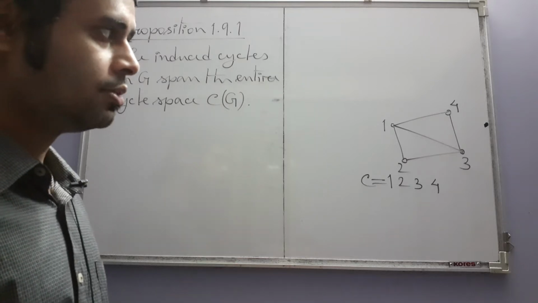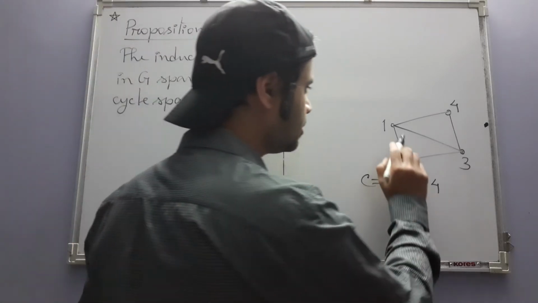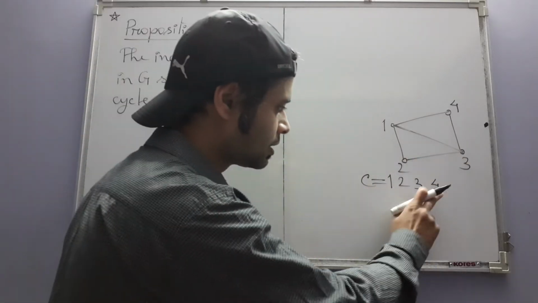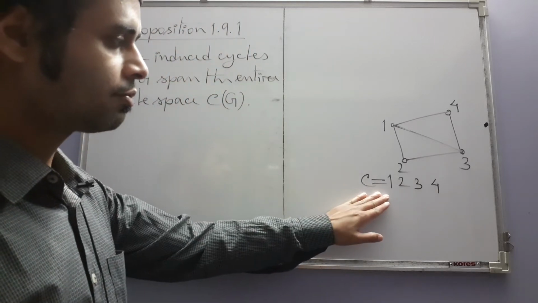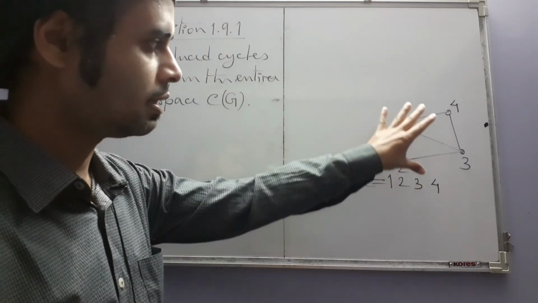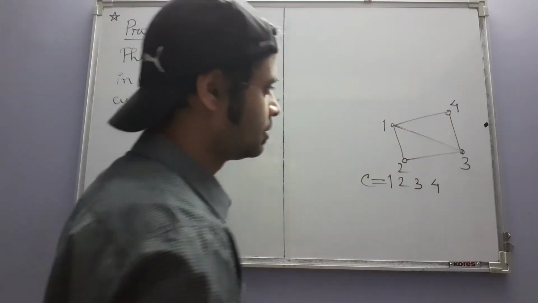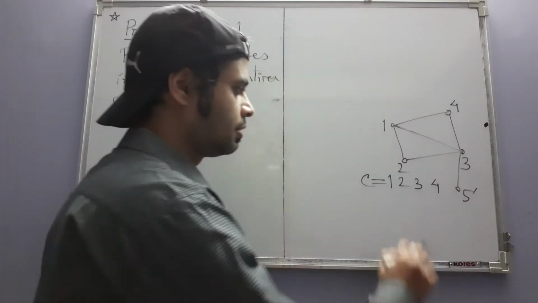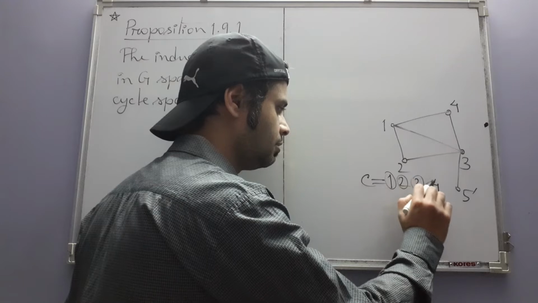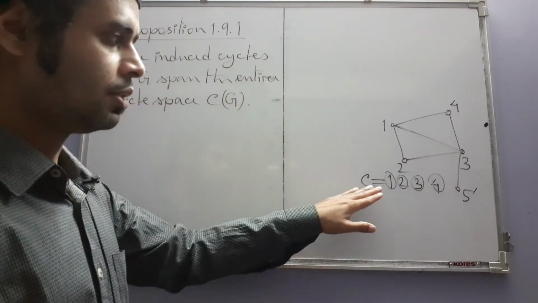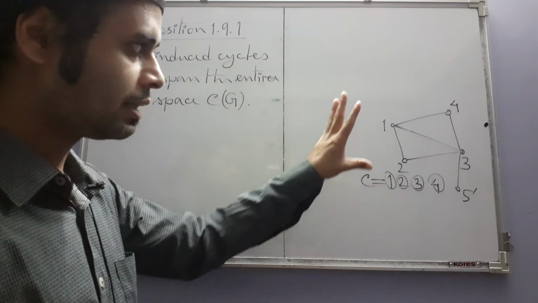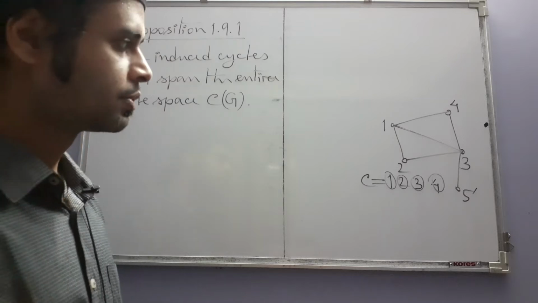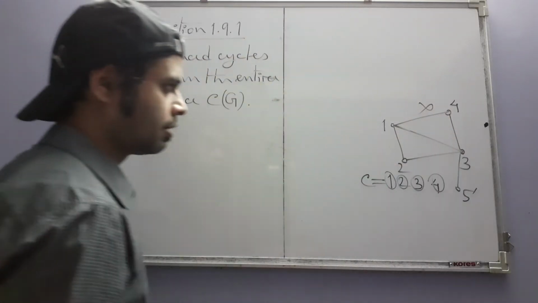It is not an induced cycle because it has a chord. If you consider the vertices of the cycle, then the subgraph those vertices induce is in this case, of course, the whole graph. To make the matter non-trivial, you can take another vertex, say 5. Then the vertices 1, 2, 3 and 4 of the cycle induce a subgraph of this whole graph, but that is not the cycle itself. This chord also gets included. So it is not an induced cycle.